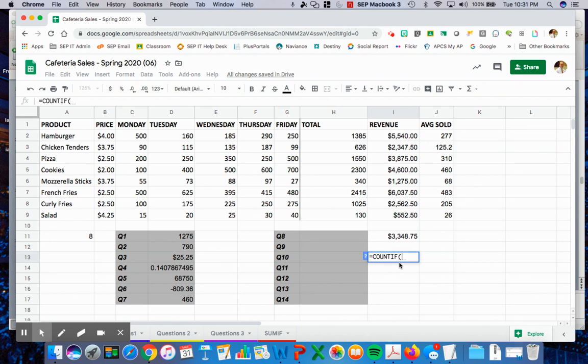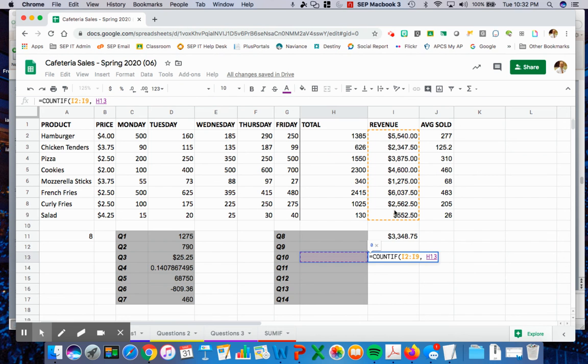So the first question is, where are the revenues on this spreadsheet? The revenues happen to be here in column I. So I want to look at from I2 to I9. Please look in this range, comma, and now what are we looking for? I want to only count values in this range that are greater than 2,000.